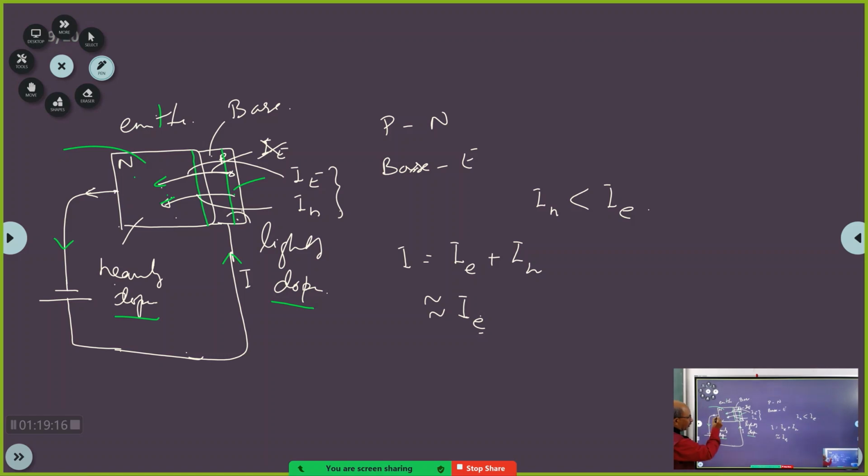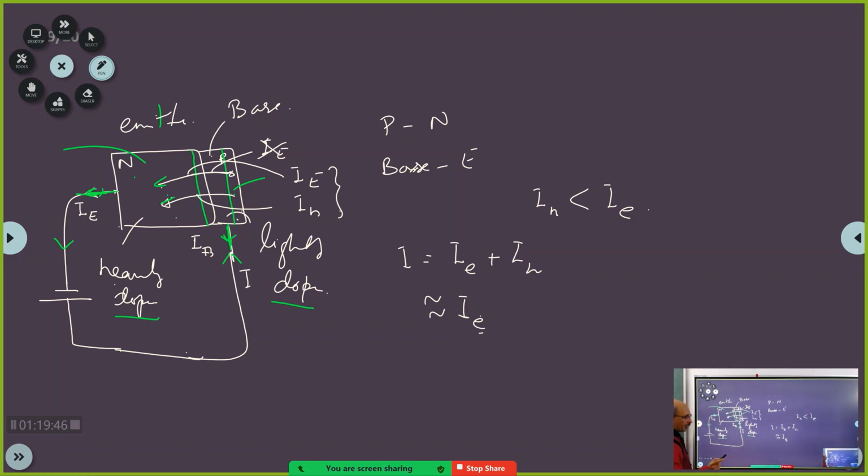Whatever current is coming out of this node, we call it the emitter current. And whatever current is going to come out of this, listen here very carefully, we will call it the base current. Here please understand, the convention is that we will always show the current in this direction, either entering or leaving.